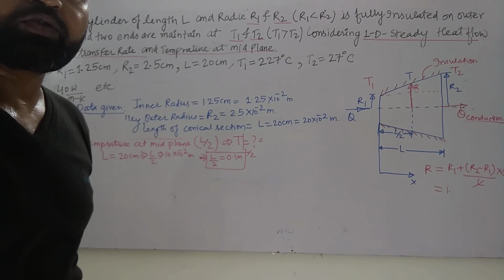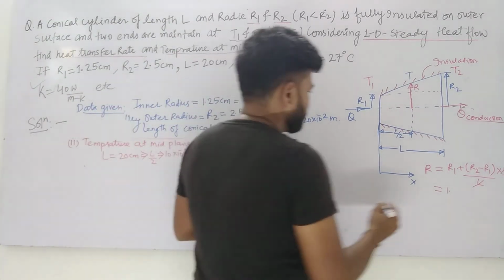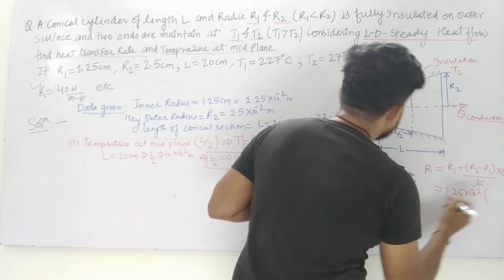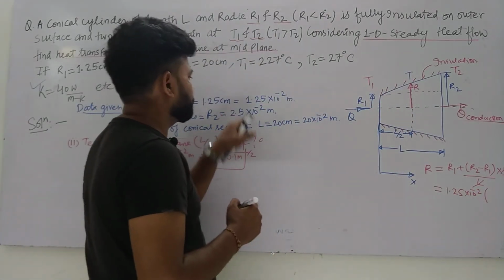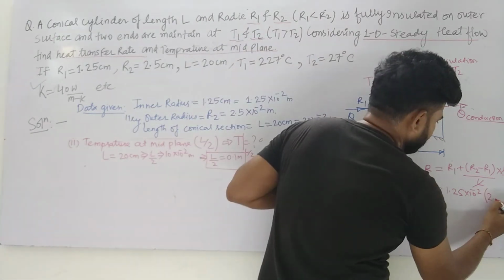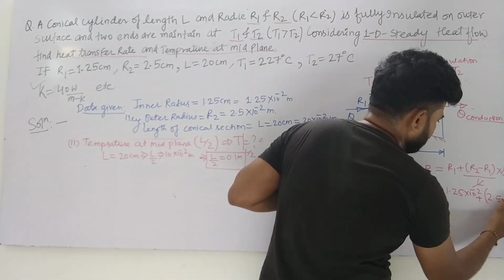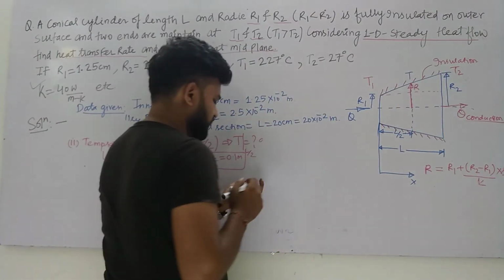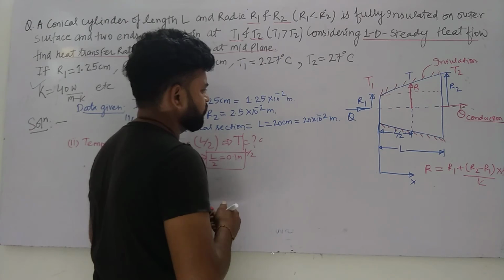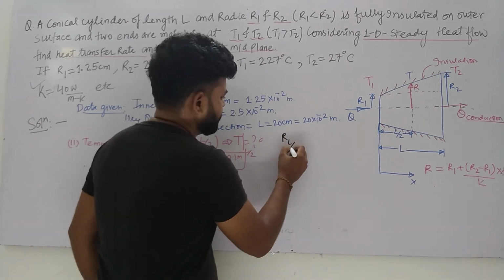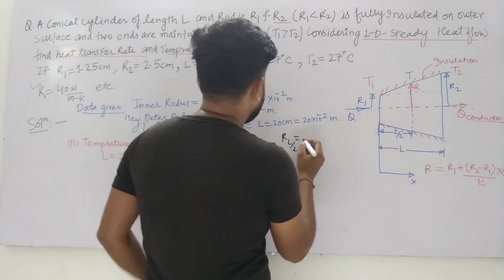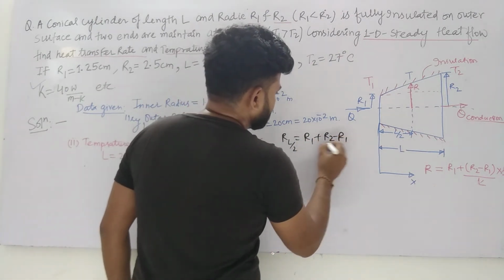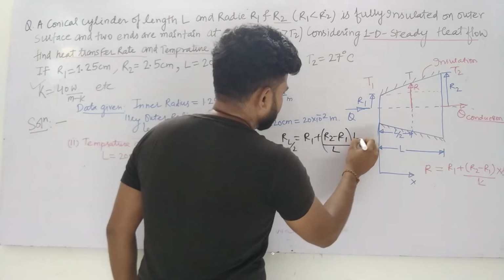So 1.25 centimeter into 10 to the power minus 2. So R will become equal to how much? Let us calculate it. That is R at L by 2 will become equal to R1 plus R2 minus R1 divided by L multiplied by L by 2.